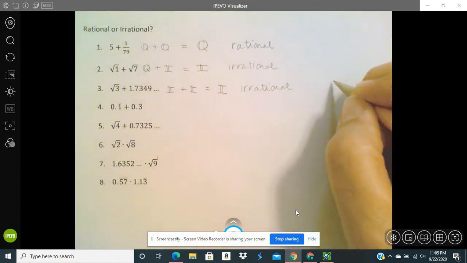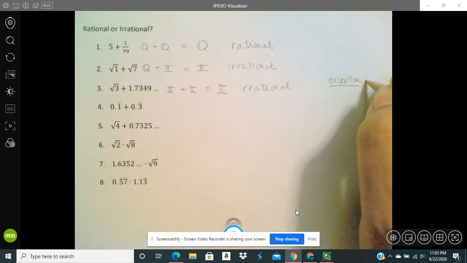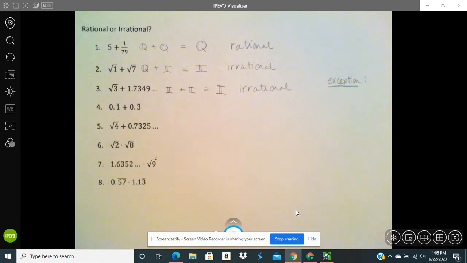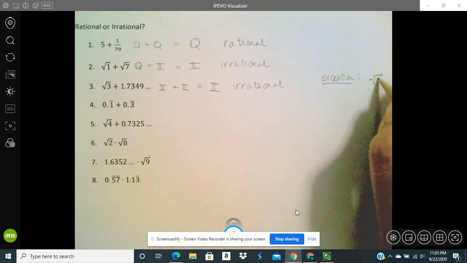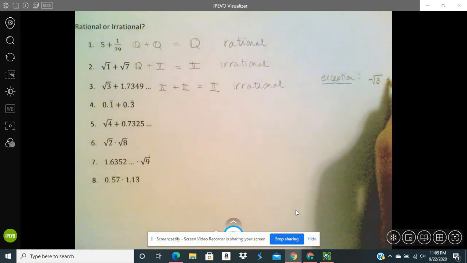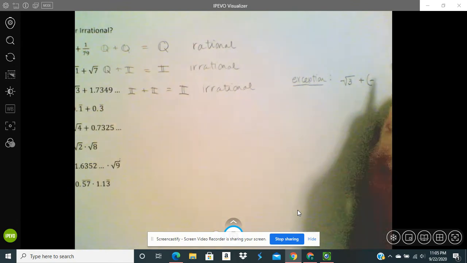I guess I can show you the exception over here. You're going to like this. I love to look for exceptions. Most teenagers always like to find some loophole. Here's one. Let's take the square root of 3 plus the negative square root of 3.